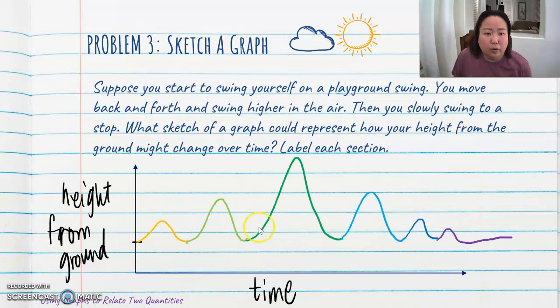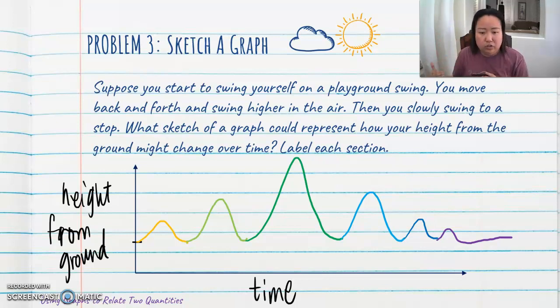All right, so when you're talking about swinging, you will be considering two variables: time that you spend when swinging, and then of course your height from the ground. Now you cannot start your height from the ground at zero, because definitely you are lifted up a little bit.